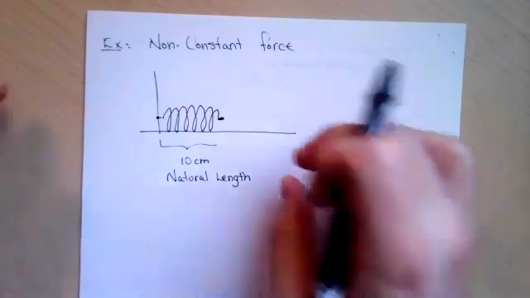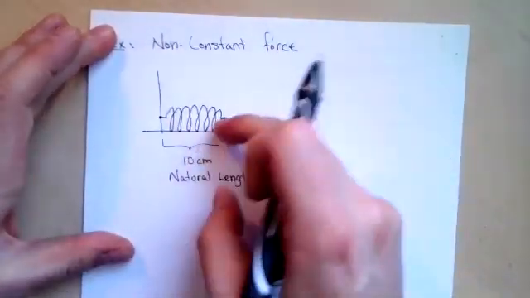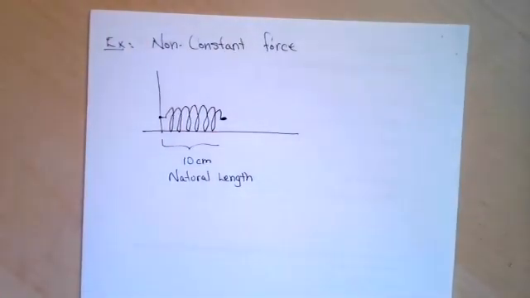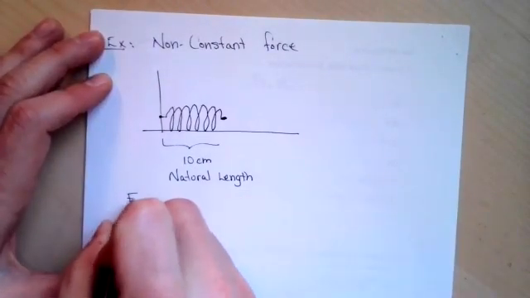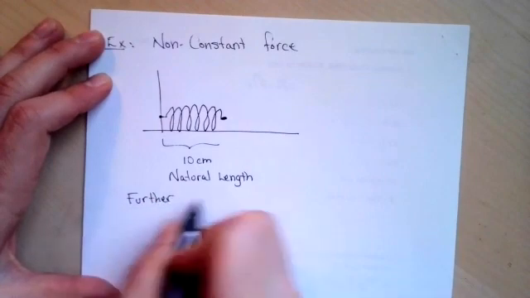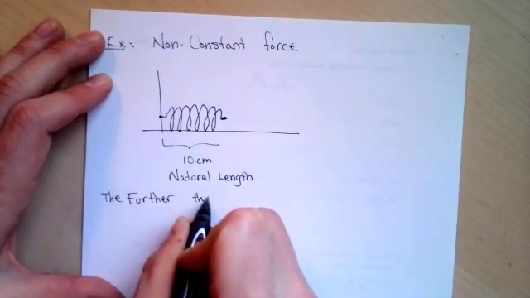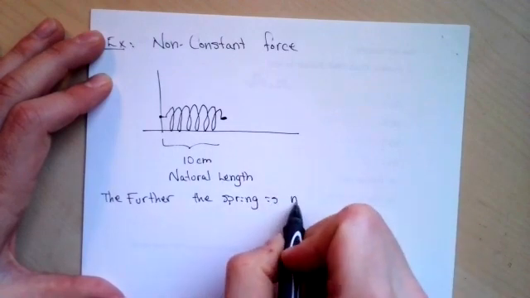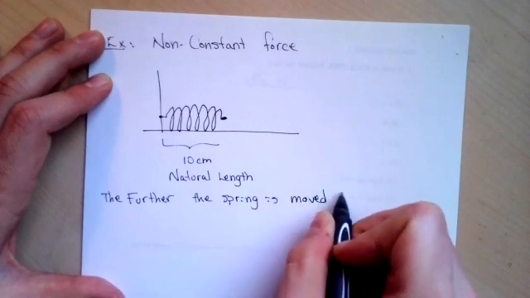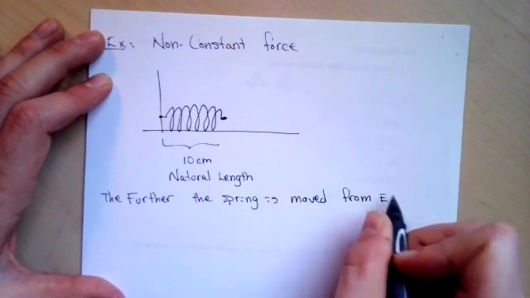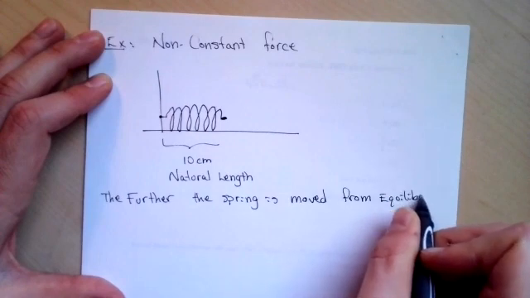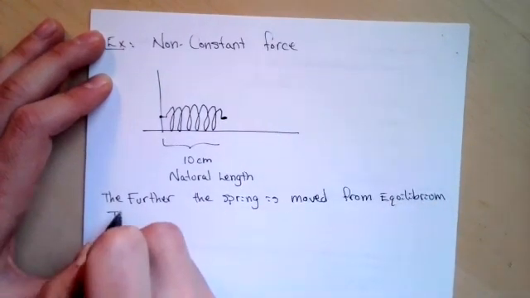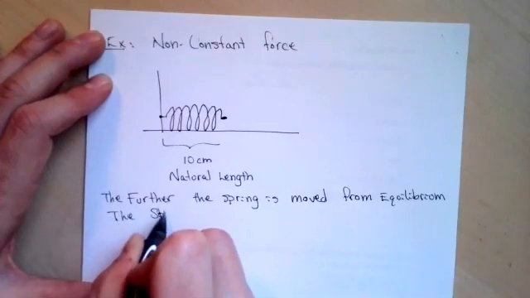Well, we all know how springs work. If I pull on the spring, it's going to pull back. If I try to compress the spring, it's going to push back. And moreover, the further we stretch the spring, the stronger the force. So we'll say the further the spring is moved from equilibrium, the stronger the force.